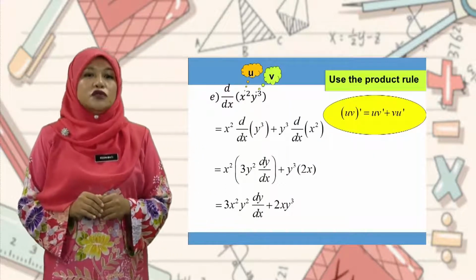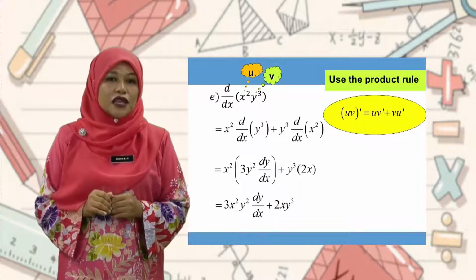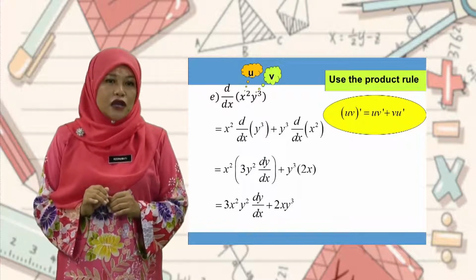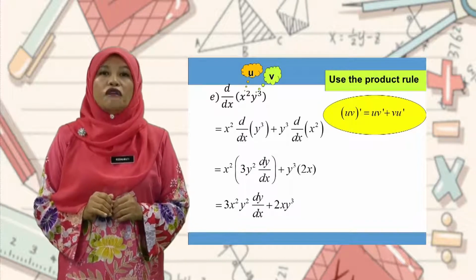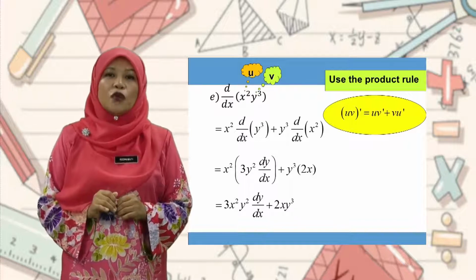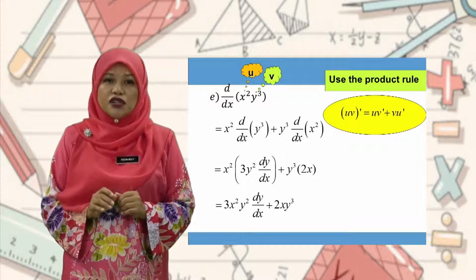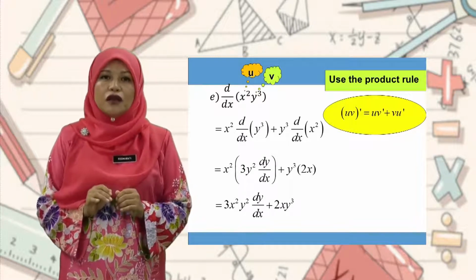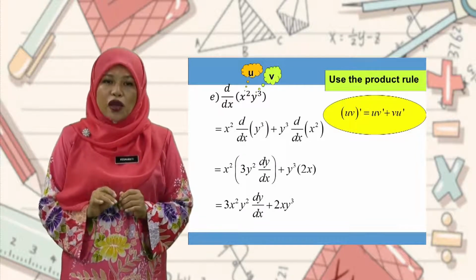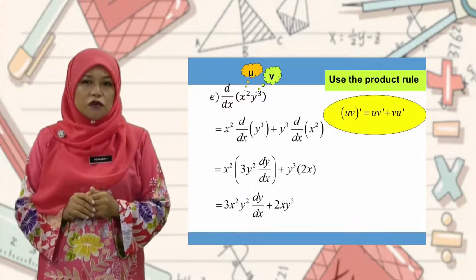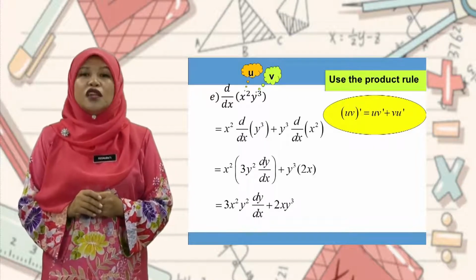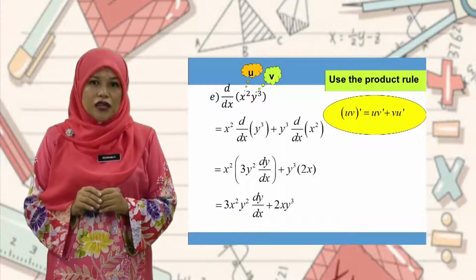We move on to next example, example E, where we come across differentiation of x squared multiplied with y cubed. In this case, we have a product, where we have x squared multiplied with y cubed. So in this case, we need to use product rule.